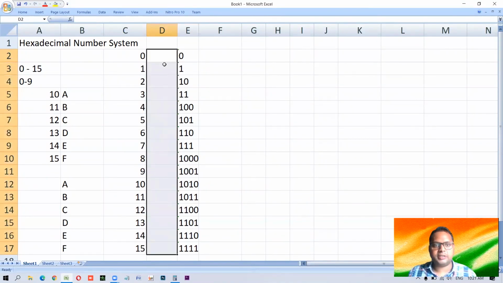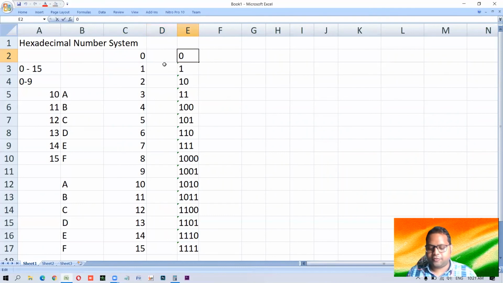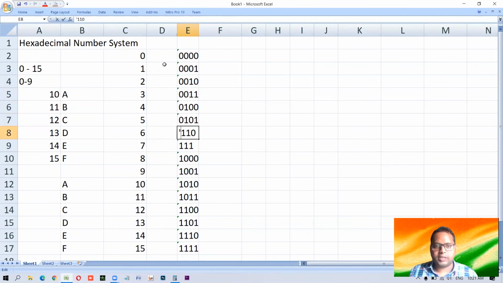So now you can erase it. Now make this a group of 4, and after this things will become easy for you. And since we are using formula this time, there will be 100% certainty that things are going fine.